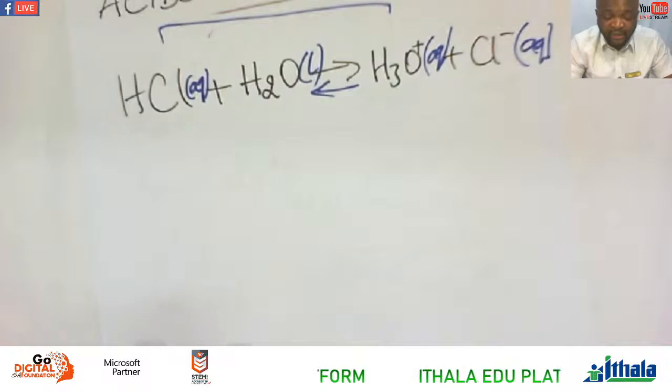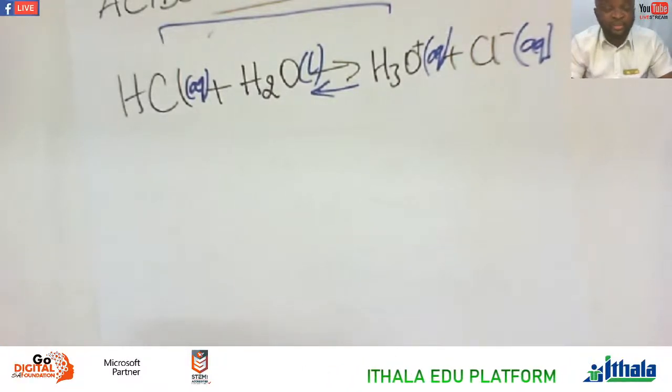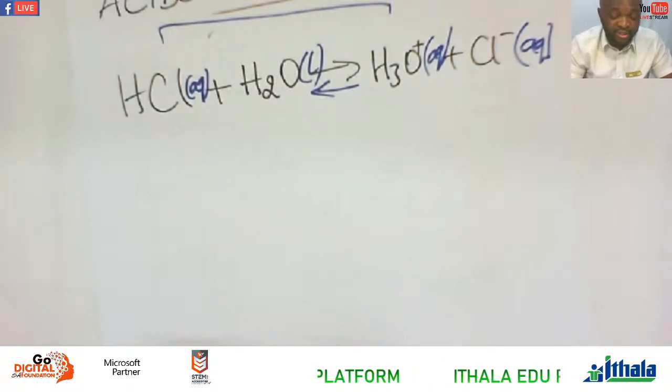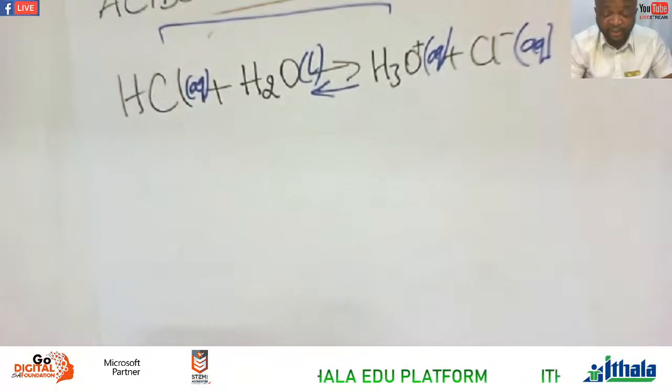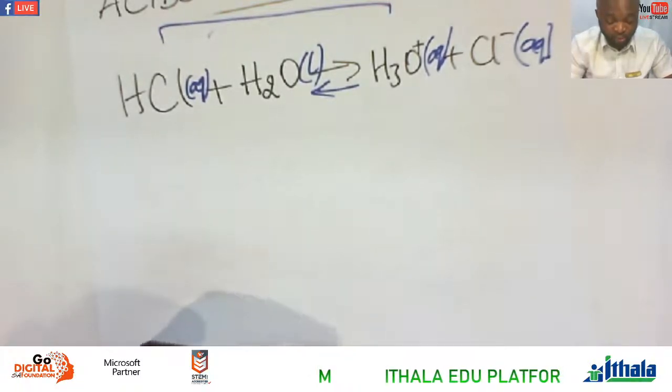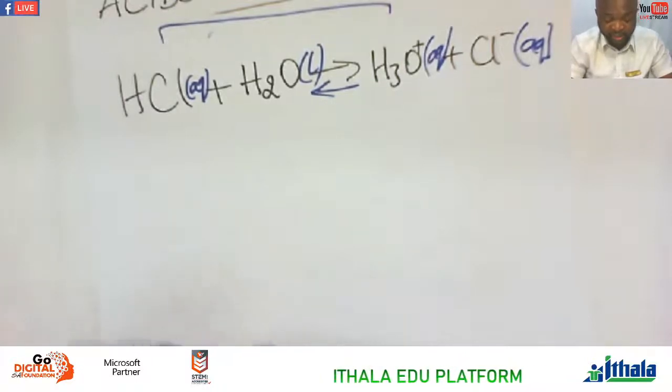When it is a closed system and the reaction is reversible, we can calculate Kc, because the reaction can reach a state where the rate of the forward reaction equals the rate of the reverse reaction. So when equilibrium occurs it means we can calculate Kc, right?